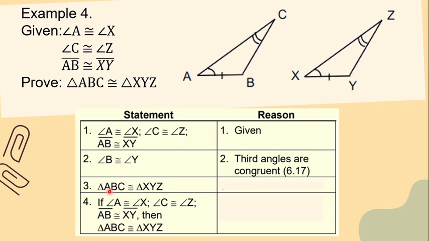Then, from there, we have triangle ABC is congruent to triangle XYZ. So, that is by ASA, kasi kung ito ay congruent, tapos itong side na to congruent, itong angle na to congruent, so ASA. And then, for statement number 4, if angle A is congruent to angle X, angle C is congruent to angle Z, side AB is congruent to XY, then triangle ABC is congruent to triangle XYZ. And that is from the law of deduction.